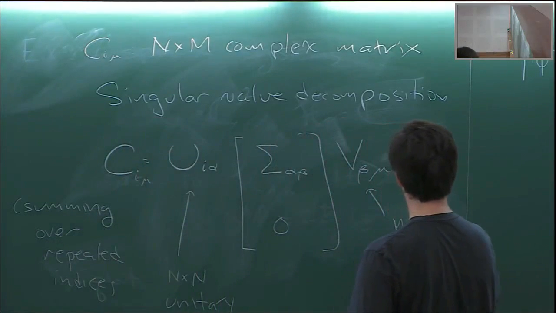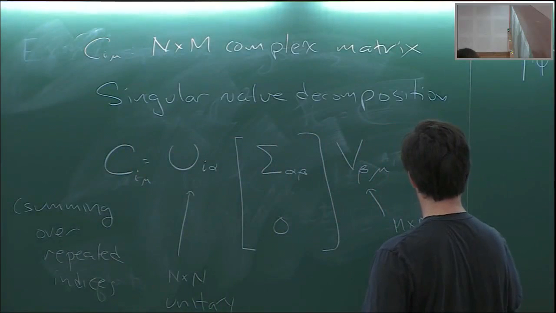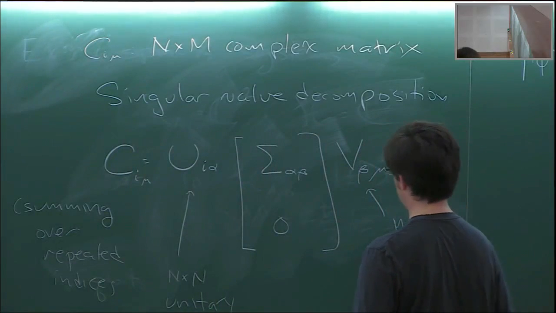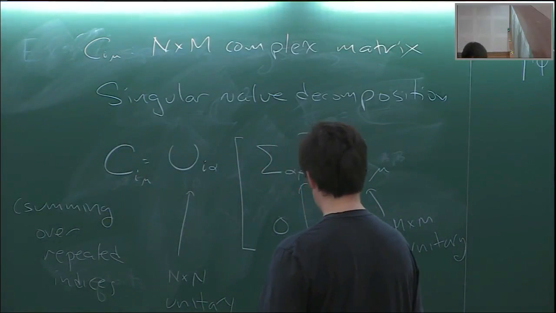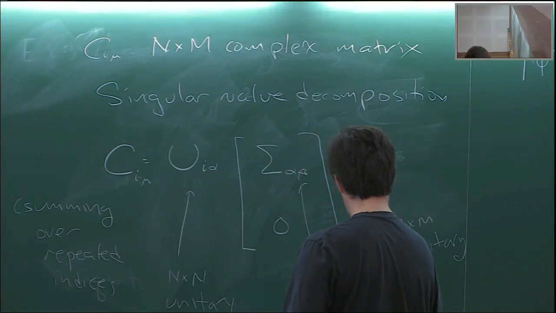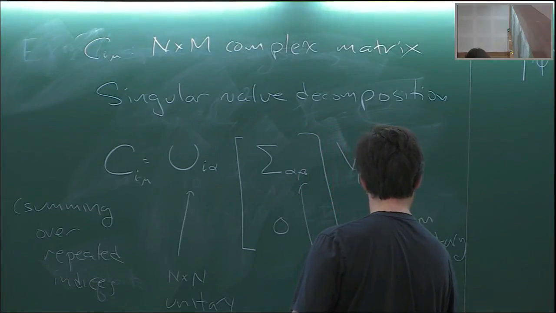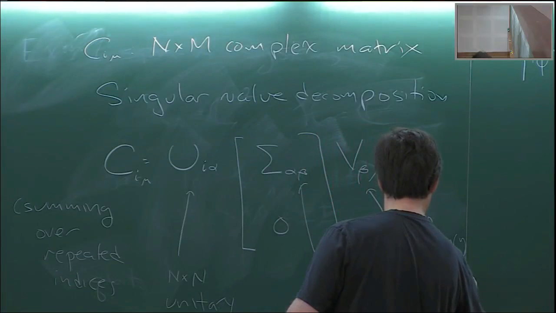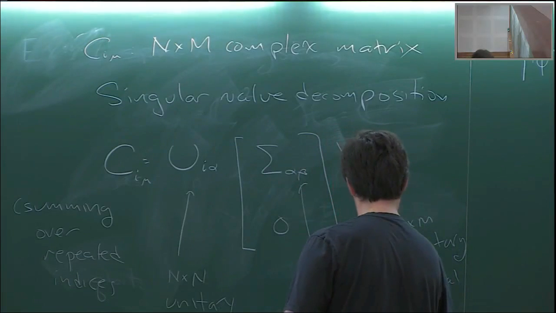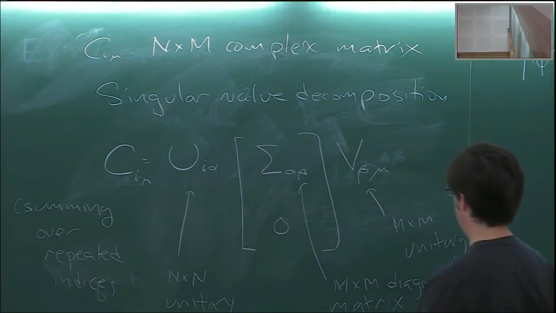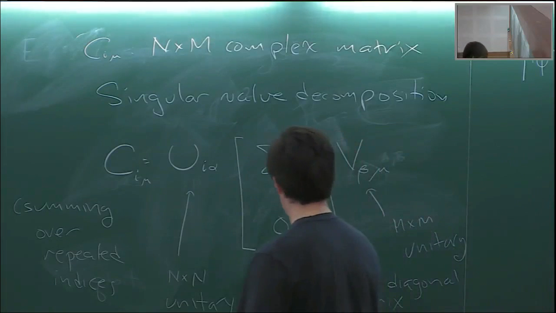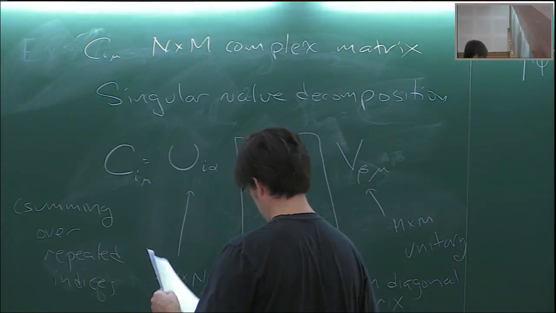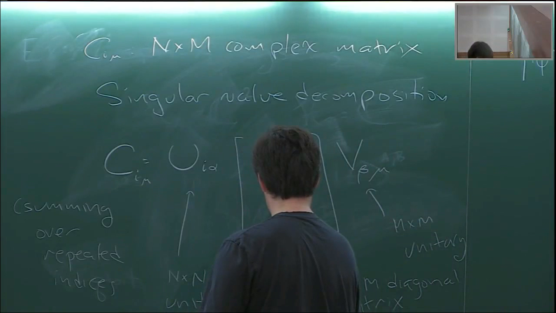This is an m by m unitary. This is an m by m diagonal matrix, and this is an n minus m by m matrix of zeros.